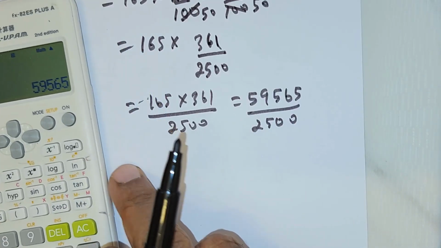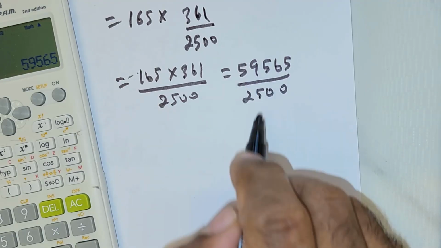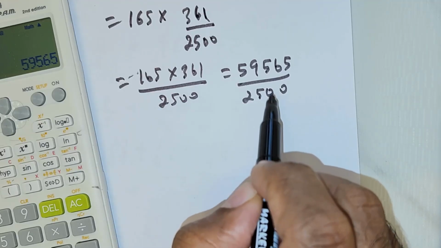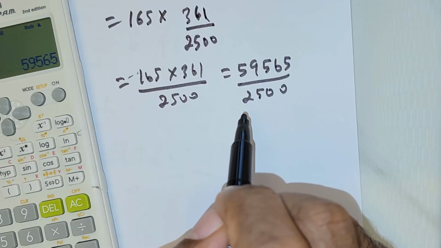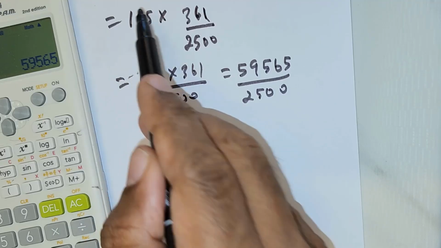Now you will have to reduce this number. You can either start reducing it directly like this, or what you could have done is reduce this number right over here.